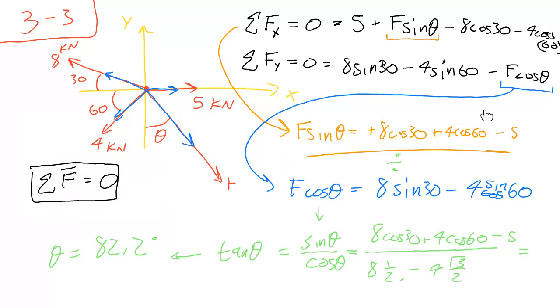That's just the number we plug into our calculator. So I plug in 82 degrees with that. So f is going to be equal to, once you do all the math, 3.96 kilonewtons. Check my work. Yeah, that looks right.